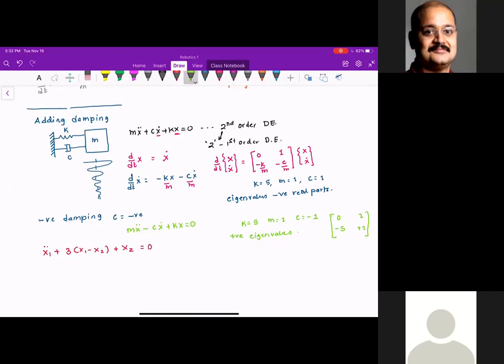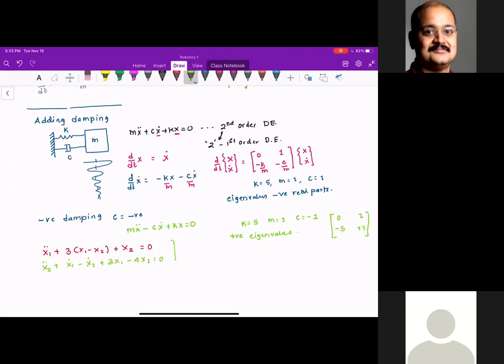I give you another differential equation, x2 double dot plus x1 dot minus x2 dot plus 3 x1 minus 4 x2 is equal to 0.